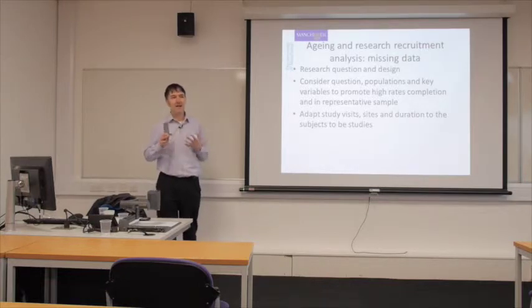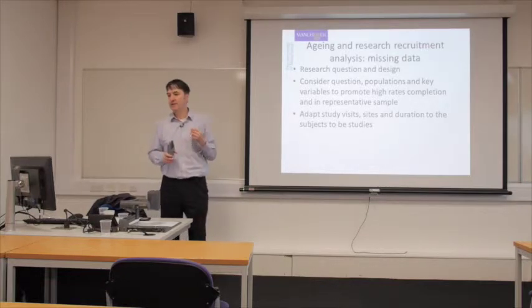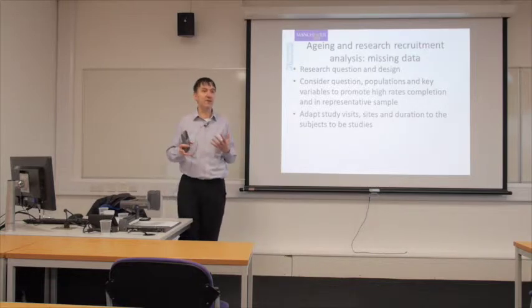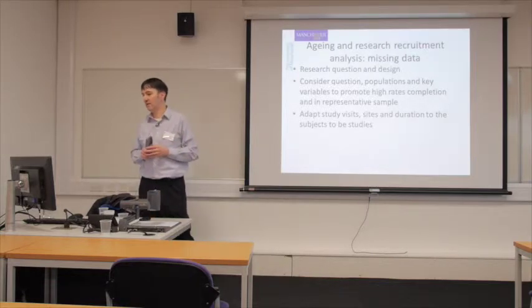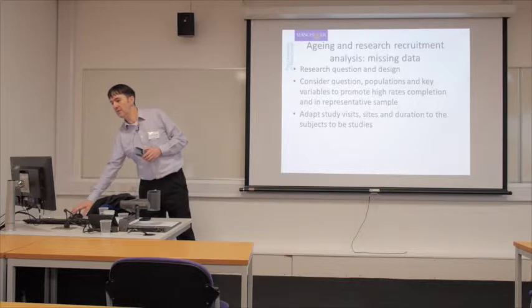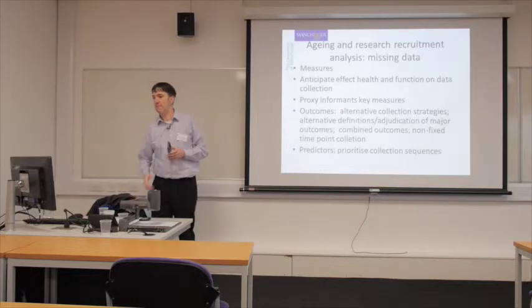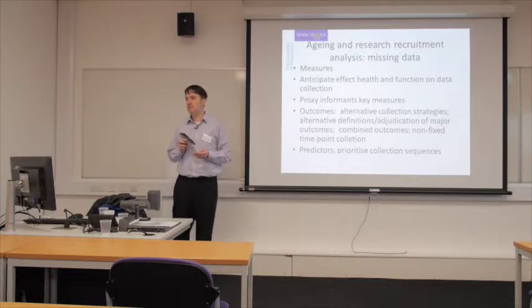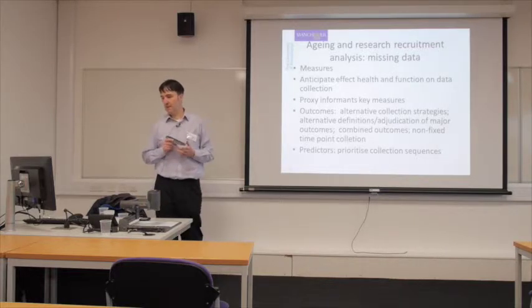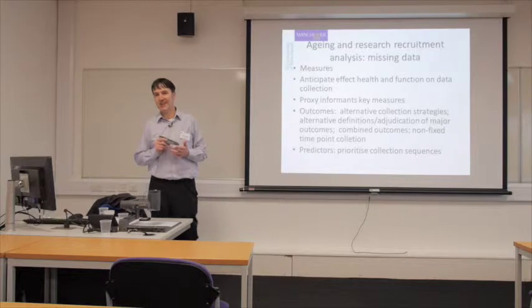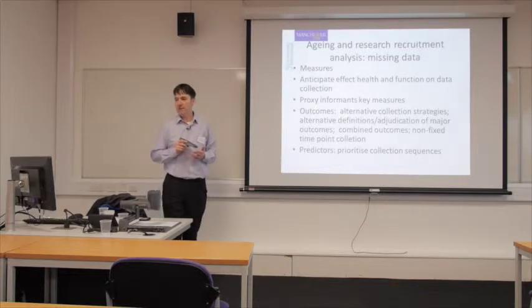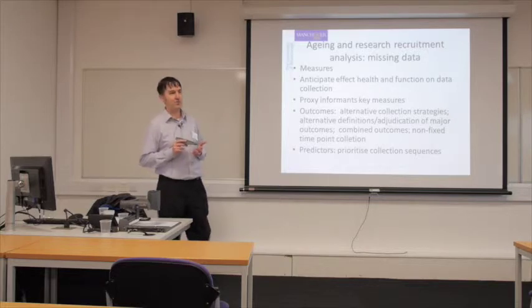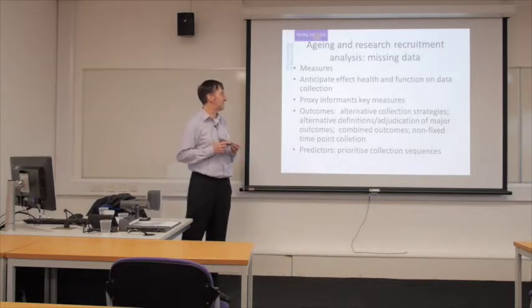So there's things about adapting study visits, sites, duration even, that can affect missing data factors. And then there are measures that you might introduce to deal with it. So you've got to anticipate the effects of health and functional impairments on data collection.